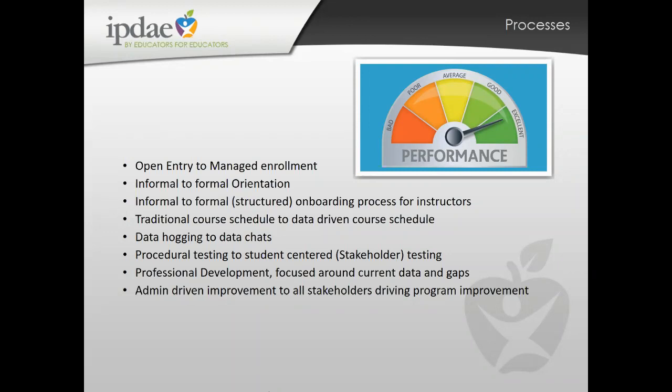We transitioned to more of a data chat approach, where we've provided the teachers access to run their own reports for their classes so that they can see the detailed aspect of where the students are and what they need as a whole. We started bringing the teachers together to see what patterns in student learning are occurring and what support mechanisms we need to start providing as a whole, not just in a classroom, but in transitioning students from beginning to intermediate to advanced, or from an NRS 2 to a 4 to a 6.